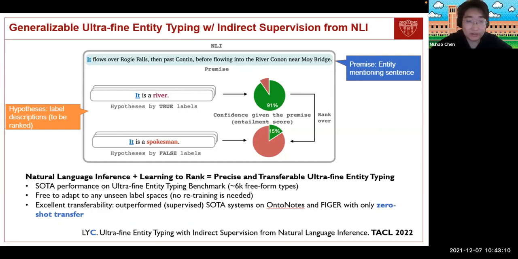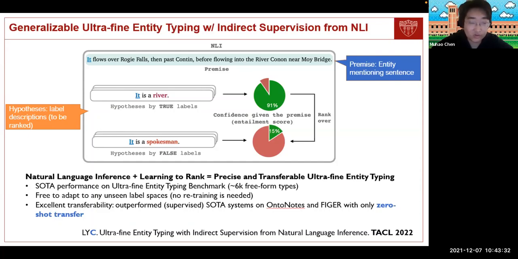And our general solution is we borrow indirect supervision signals from other tasks, for example, natural language inference. So in this paper, which is in press for TACL, the first author is an undergrad student in my group. We developed a new system which leverages natural language inference for ultrafine entity typing.